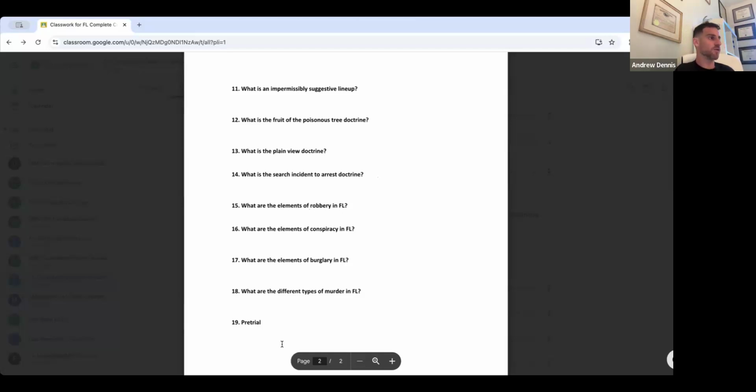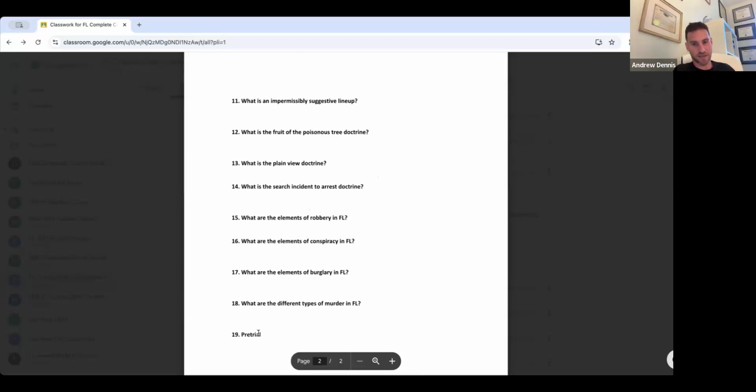Second degree murder would be like depraved heart or intent to inflict great bodily harm type killing. And then third degree murder would be a murder that occurs during the commission of a non-violent or non-enumerated felony. They don't really test that much, and they would test it on Crim Pro.